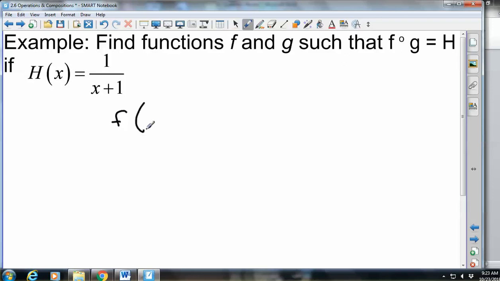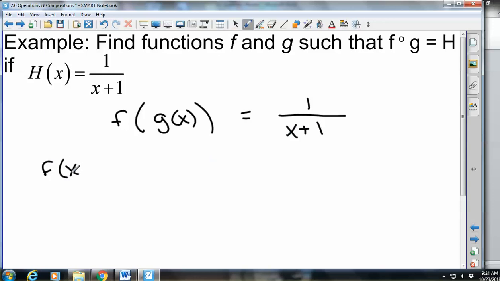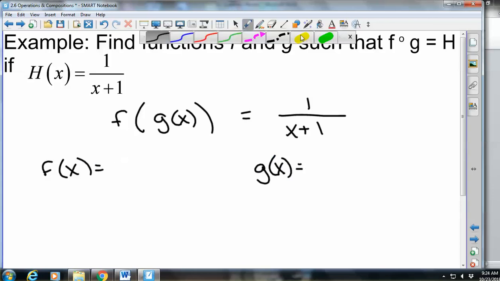I'm saying f composed with g, so f of g of x is equal to h, which was 1 over x plus 4. So g of x is the inside. I don't have a parenthesis, so how do I know what the inside is here?